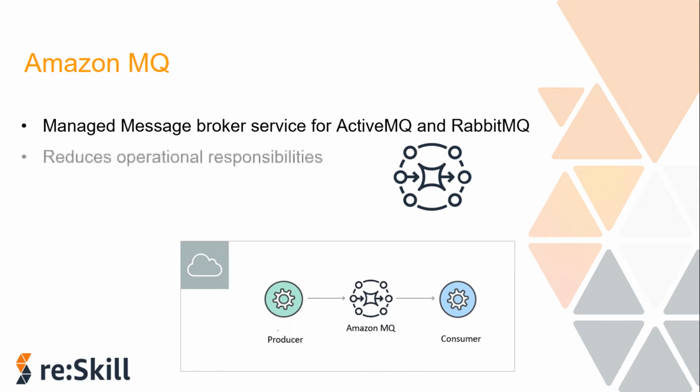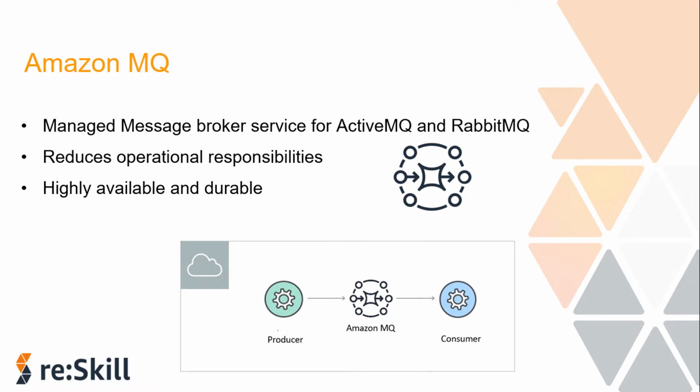Amazon MQ reduces your operational responsibilities by managing the provisioning, setup and maintenance of message brokers for you. It manages the administration and maintenance of message brokers and automatically provisions the infrastructure for high availability, and there is no need to provision the hardware or install and maintain software.